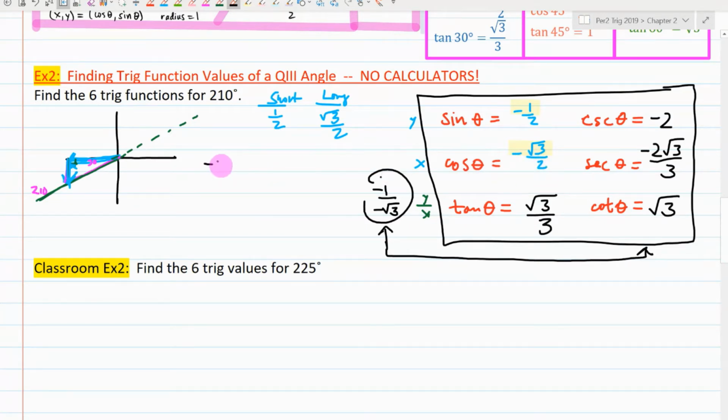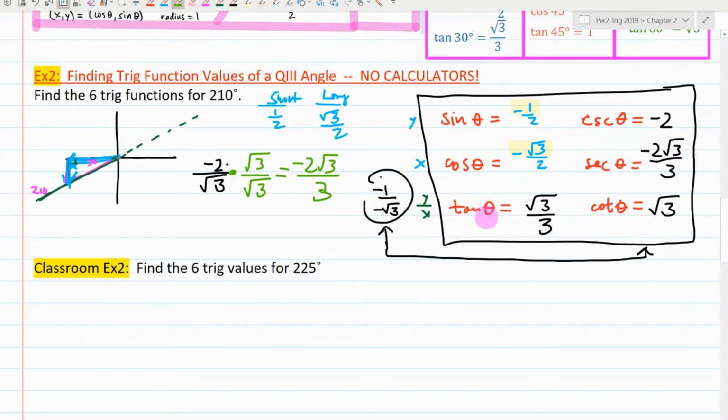So if we take cosine and make a negative 2 over the square root of 3, and then we multiply that by the square root of 3 over the square root of 3, you get negative 2 square roots of 3 over 3, and that's secant. You will get used to this. These are always going to be the case. The reciprocal of radical 3 over 2 is 2 radical 3 over 3.